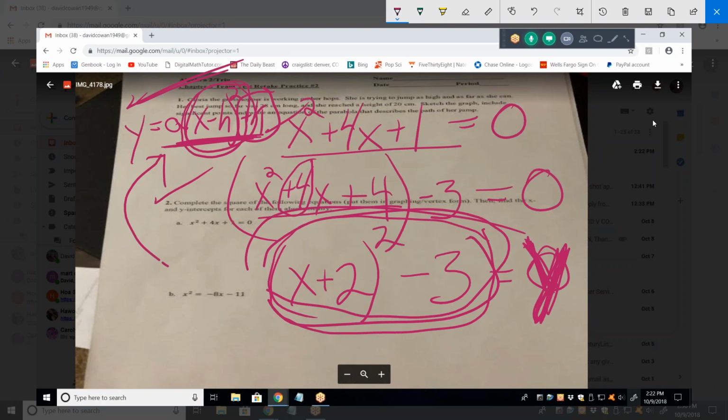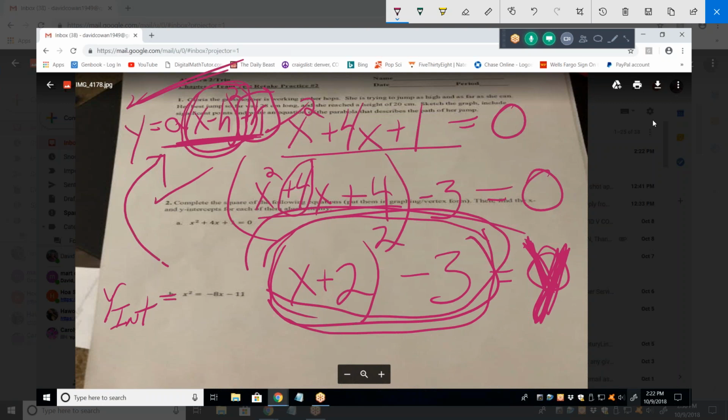Now, when I find the y-intercept, how do I do that? It wants the x and the y intercepts. What's x when I am on the y-axis? 0. Okay, plug in 0 for x, give me a number.